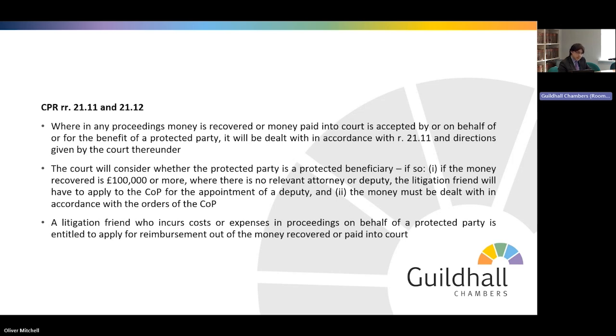So by definition, they must lack capacity to litigate. But of course, some people may have capacity to litigate, but not have the capacity to manage or control the money received. If that is the case, then certainly I've seen it suggested that there may need to be an application to the Court of Protection for the appointment of a deputy in advance of monies being paid out, so that that deputy can deal with the monies with any further assistance required from the Court of Protection.